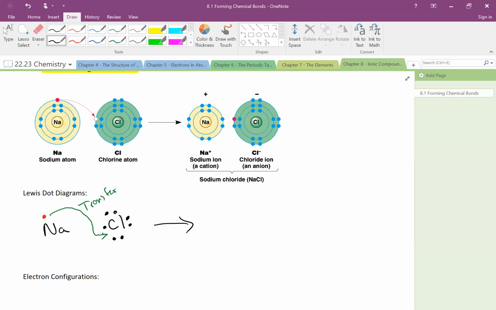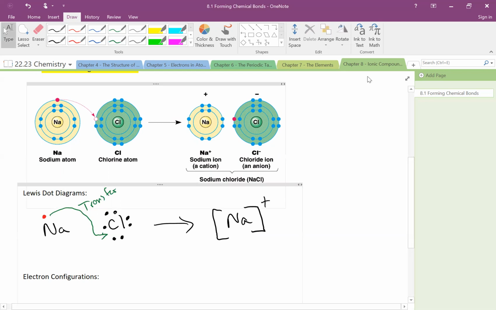And so I'm going to form a sodium with a positive charge. In order to draw the Lewis dot diagram for an ion, I'm going to do 2 things. First, I'm going to include square brackets around my symbol. That indicates that there is a charge. Since my sodium lost all of its valence electrons, I'm going to show the symbol with no electrons around it, indicating that those valence electrons were lost, and a positive charge above it. So we have sodium with a positive charge.